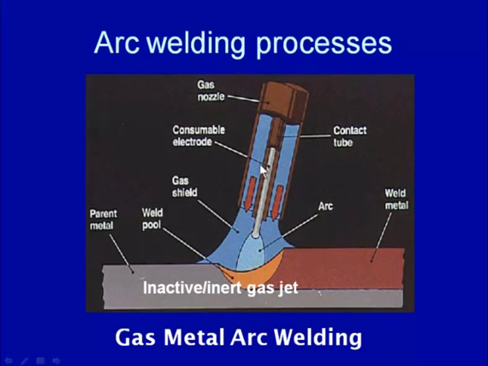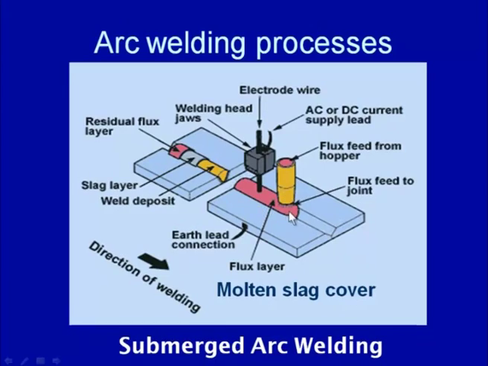The submerged arc welding process is another one where the protection of the weld pool is carried out with the help of molten slag. Here the electrode is submerged under the flux, and the arc is established between the electrode and the base metal.